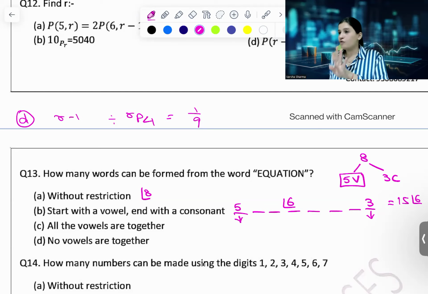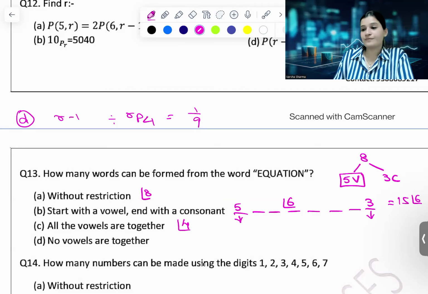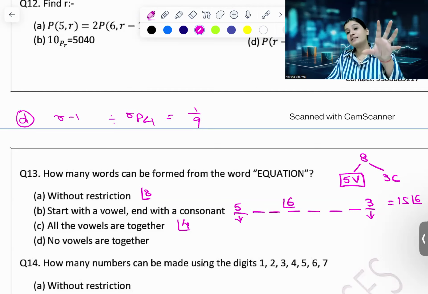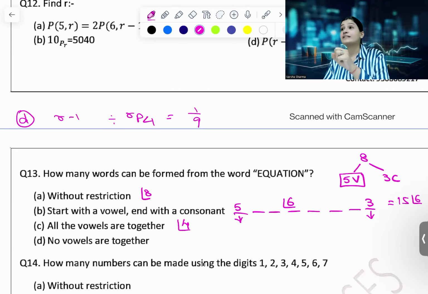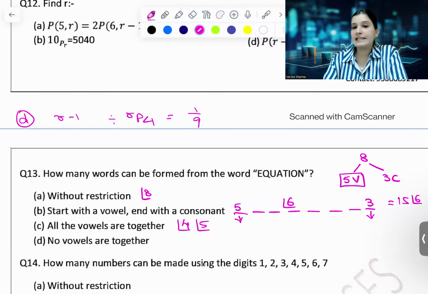So there are a total of 4. So now 4 items can be arranged in how many ways? 4 factorial. Yes, now the vowels need to be together, but they did not fix the arrangement. They can be presented in any which way. So the five vowels can be arranged in how many ways? Five factorial ways. Clear?